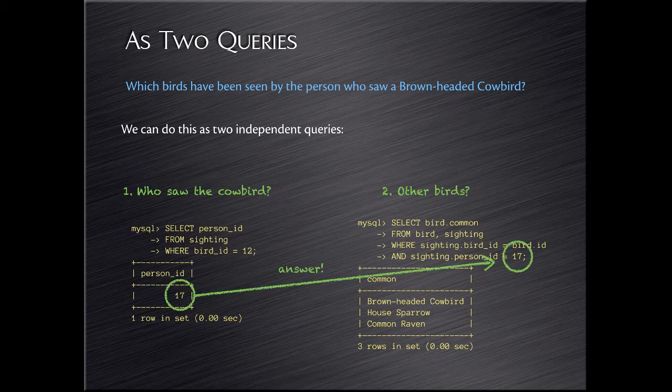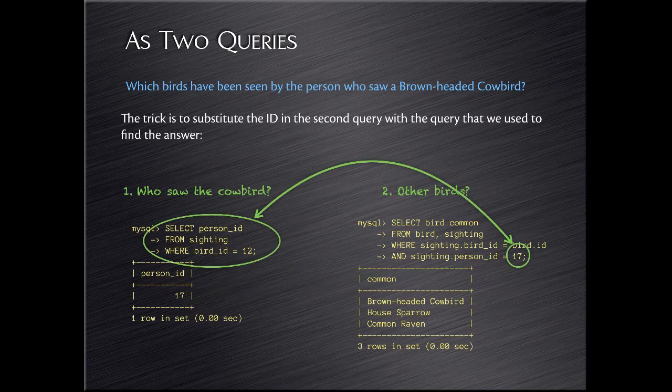Now here's the trick. The first query gives me an answer, which is ID number 17, and I manually put ID number 17 into the second query. So the thing we're trying to do now is to combine these 2 queries so that we don't have to do this manual copy, paste, or retype. So here's what I'm going to do.